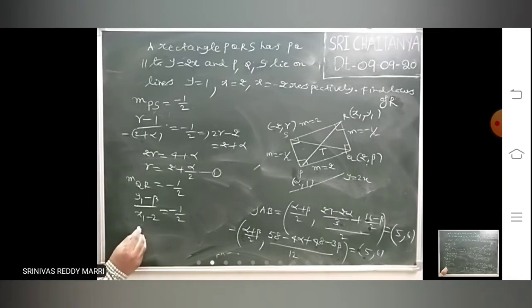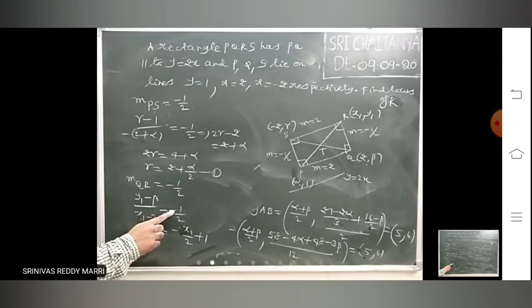Now I am calculating beta from this. Bring that side, y1 minus beta. Multiply this with minus 1 by 2: minus x1 by 2 plus 1.